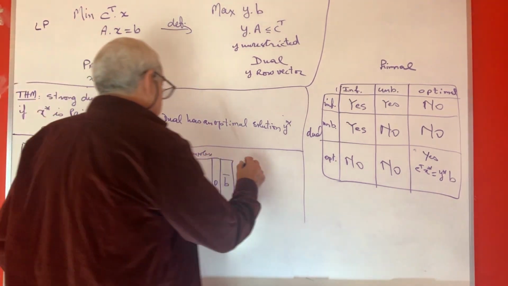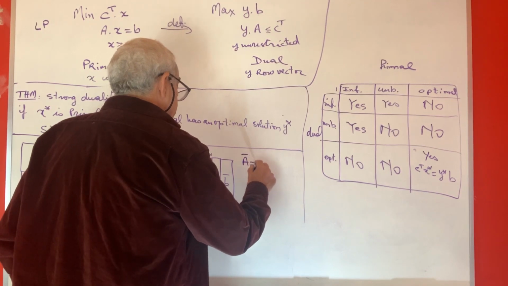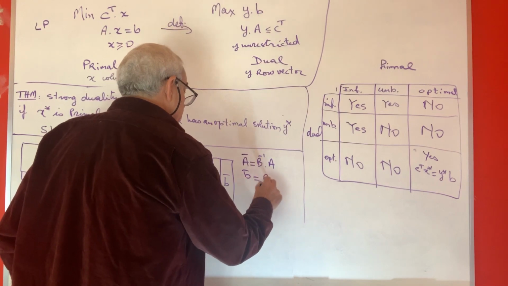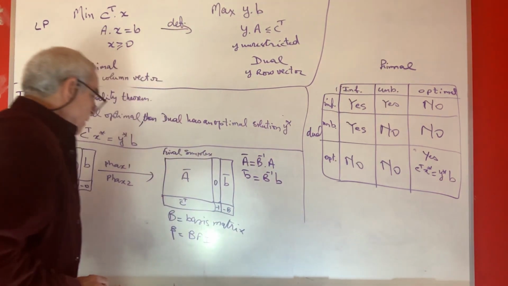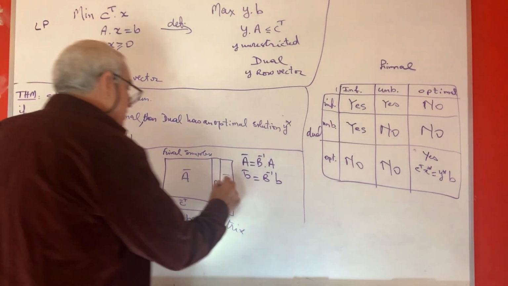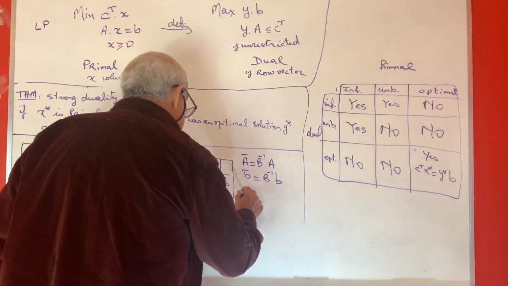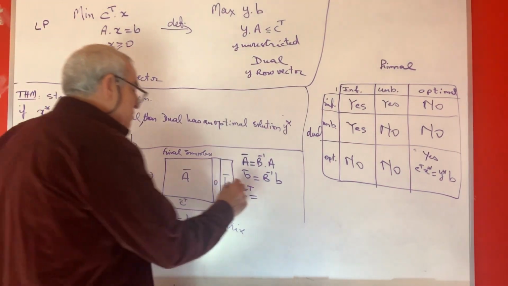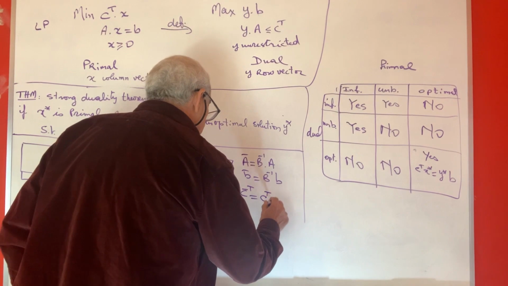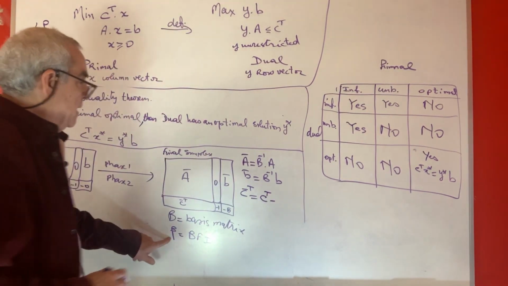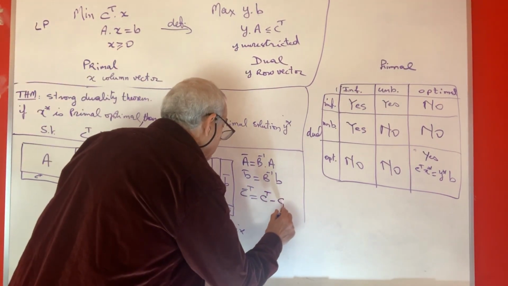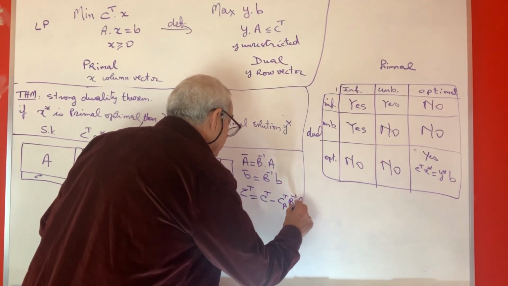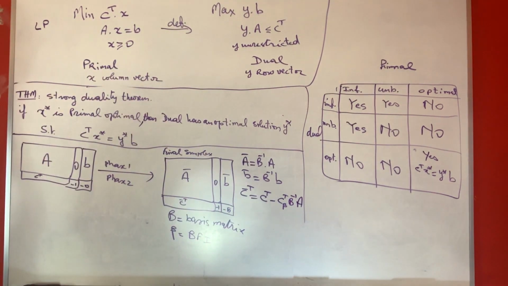And I remind you what the formulas are: A bar is equal to B inverse times A. B bar is B inverse B. And C bar transpose is equal to what we get here. It's C transpose minus C beta transpose B inverse times A. Right?